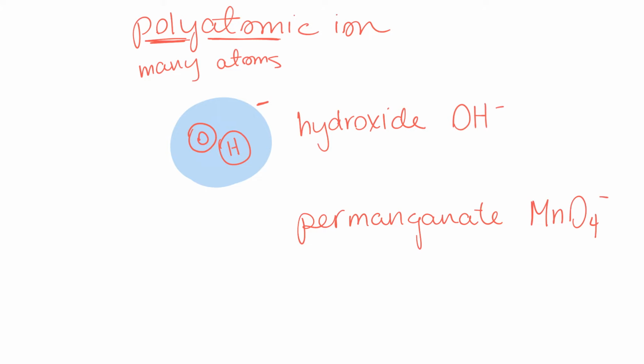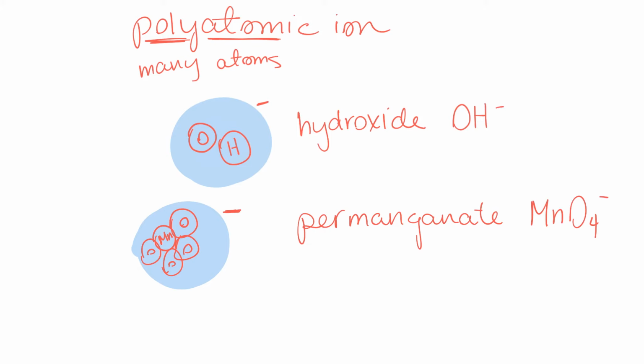So in every permanganate ion, all of it fits together in this blue cloud, you would have one atom of manganese with 4 atoms of oxygen, and they all work together as one big ion, and the whole thing has a grand total of a negative charge. So these are polyatomic ions, and they create ionic compounds also.